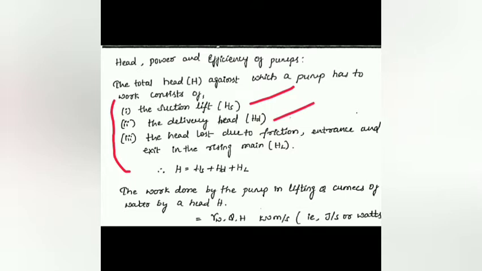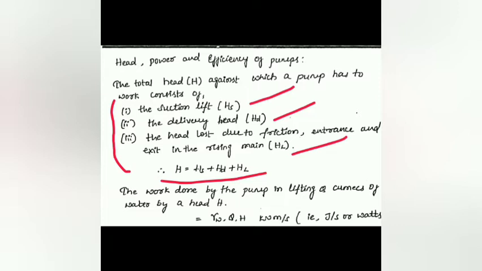Next is the delivery head, HD. And last is the head loss due to friction, entrance and exit in the rising mains, which we call HL, sometimes also HF, since it is a frictional factor that creates a loss. The total head is the sum of the suction head, delivery head and head loss due to friction.